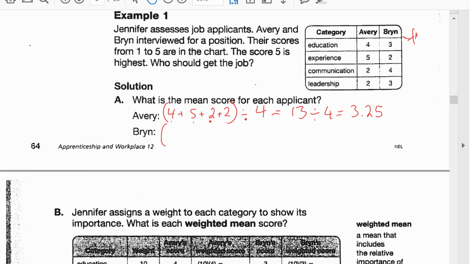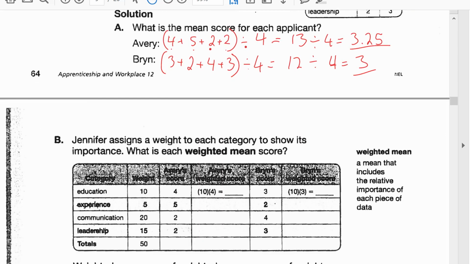Bryn, on the other hand, has a 3 plus 2 plus 4 plus 3. Divide that by 4 is equal to 12. And if we divide that by 4, we get an average of 3. So their mean score, Avery is a bit higher on the mean score than Bryn.